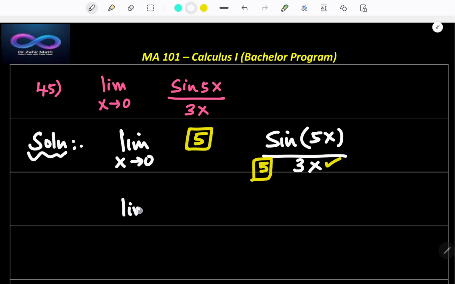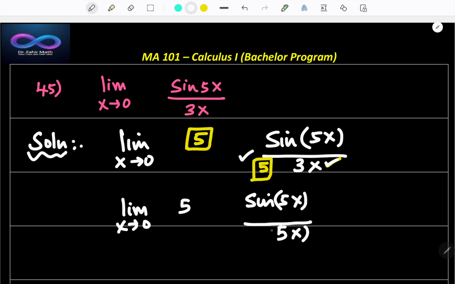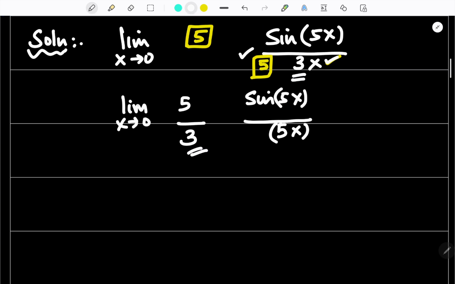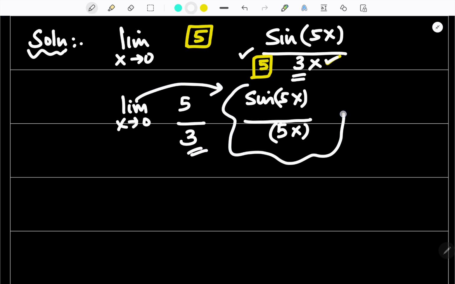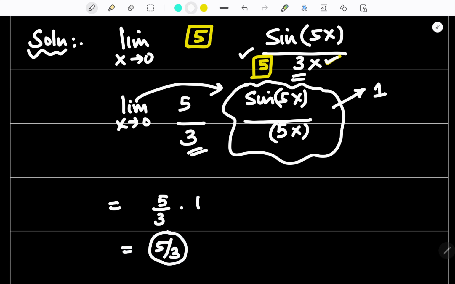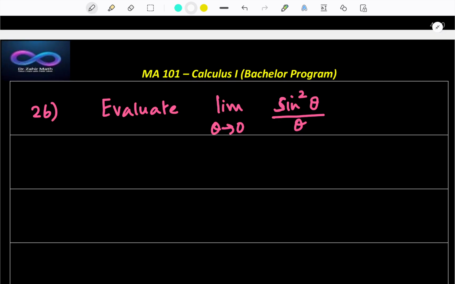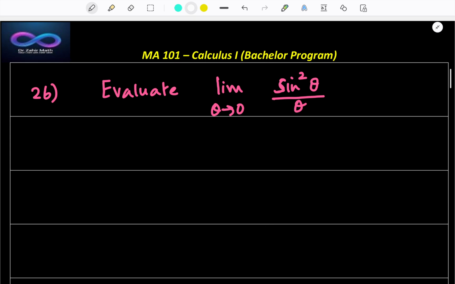So limit x tends to 0, 5 sine 5x divided by 5x, and the remaining 3 I'm taking here. So limit x goes to 0, sine 5x divided by 5x is equal to 1. So this equals 5 over 3 times 1, the answer is 5 over 3. Clear?